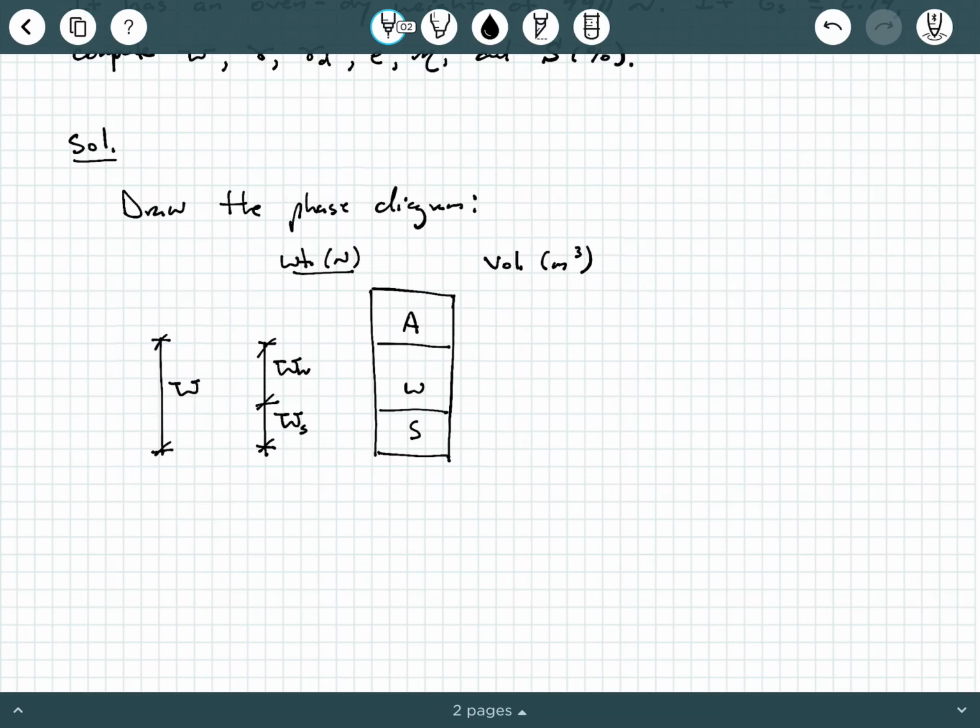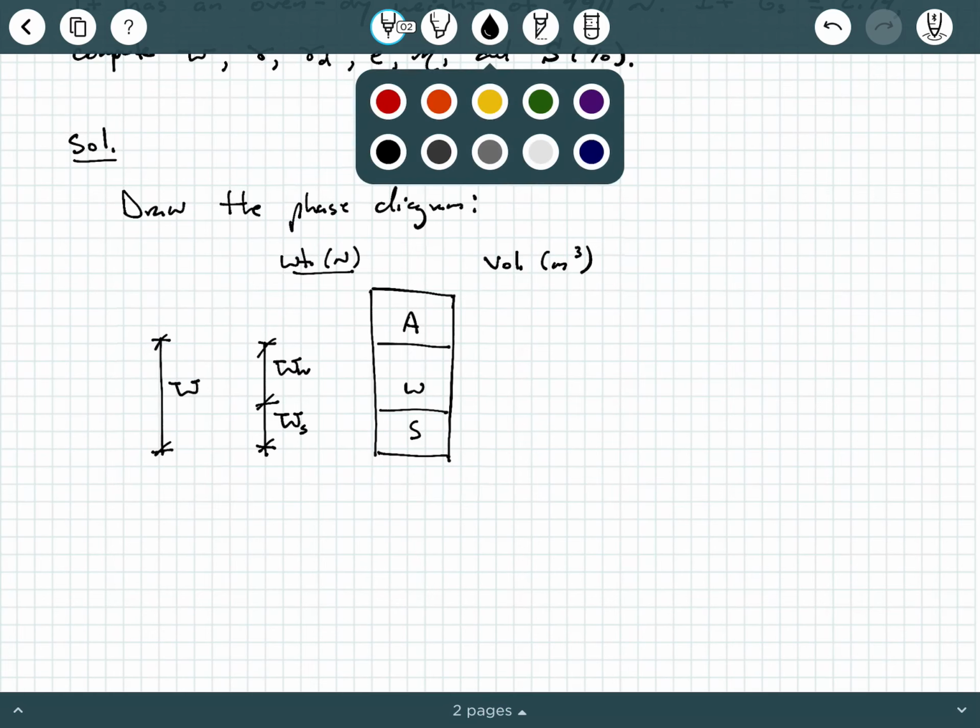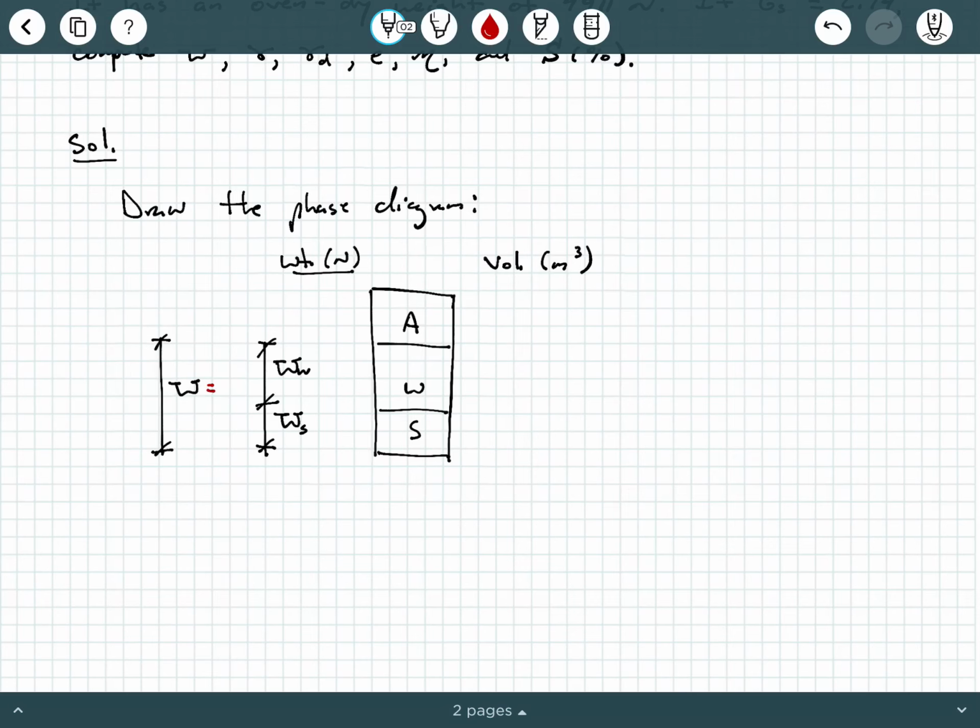We were directly told the total weight is equal to 5,500 newtons, and we were also given a weight of soil solids of 4,911 newtons.